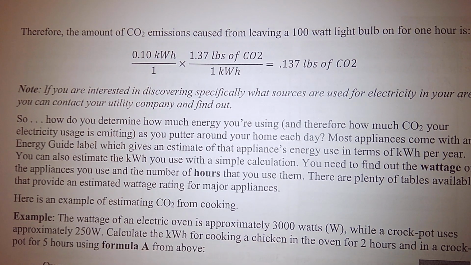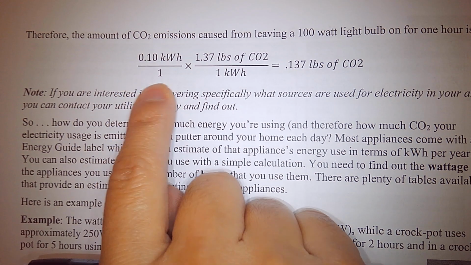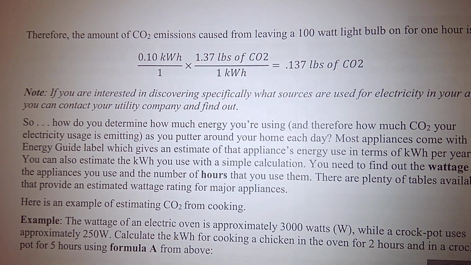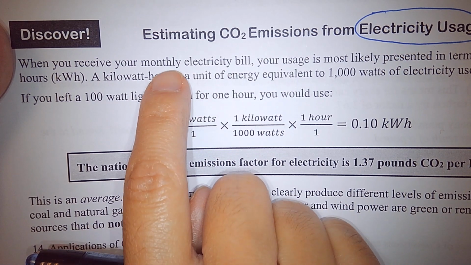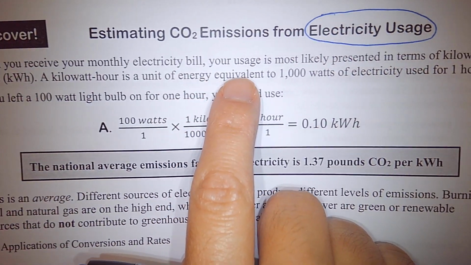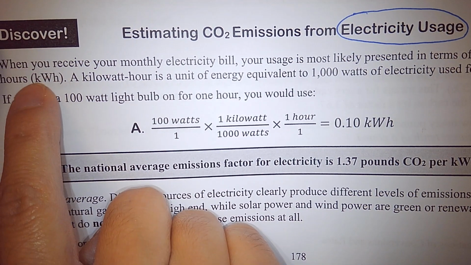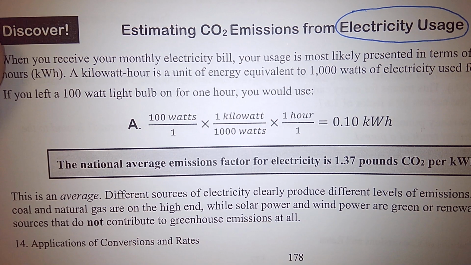Okay, good, thanks. So now you have already read through both steps for electricity usage CO2 emission. Let's talk about electricity usage. If you receive your bill, your usage is presented in the form of what? kWh, just like the gasoline usage.